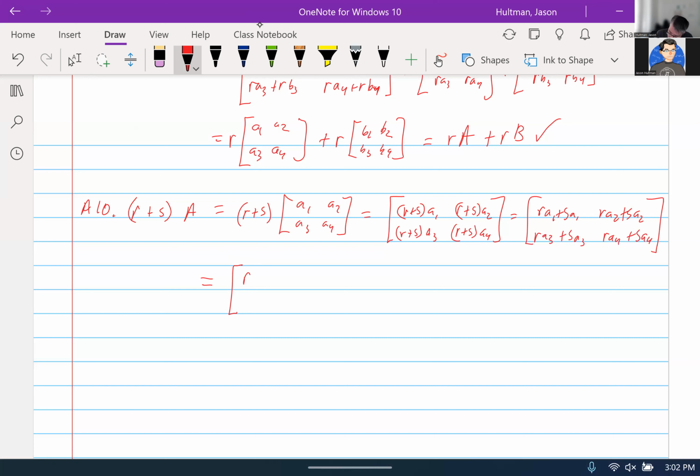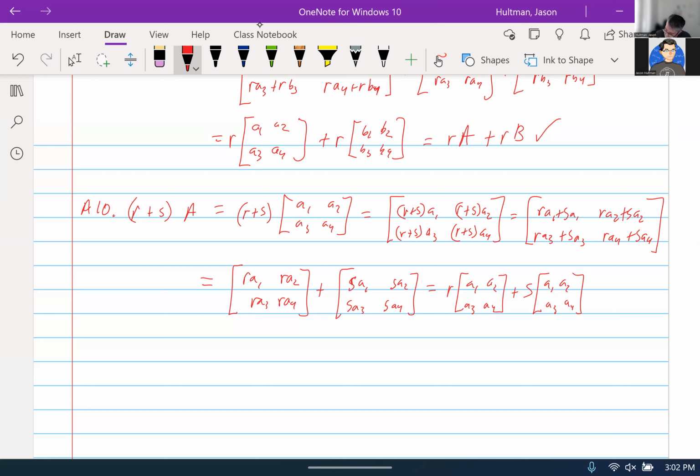We have RA1, RA2, RA3, RA4 plus SA1, SA2, SA3, SA4, which is going to be R times A1, A2, A3, A4 plus S times A1, A2, A3, A4.